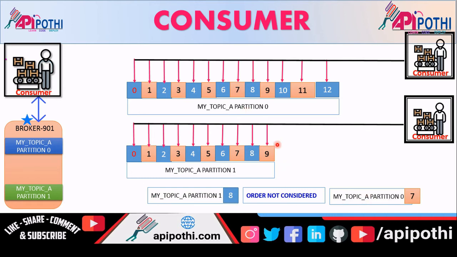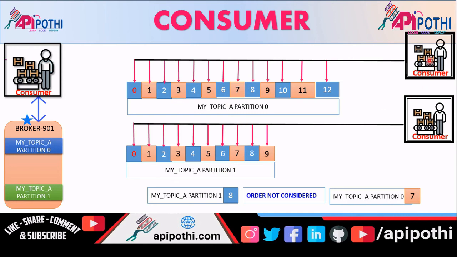There is no order that first this data will come, then this data will come, or first the 7th offset value from partition 0 will come, or the 8th offset value from partition 1 will come. So in that way we cannot give the guarantee.